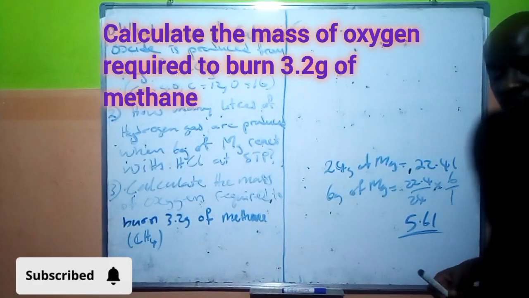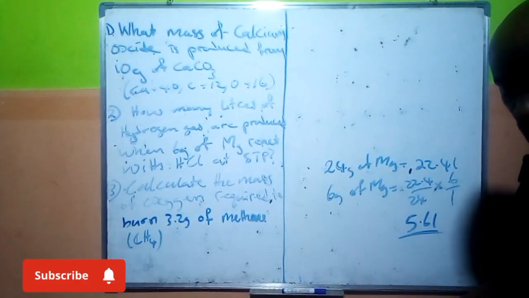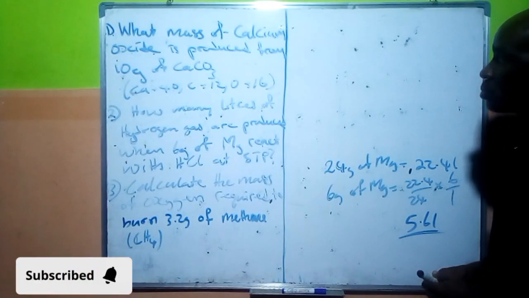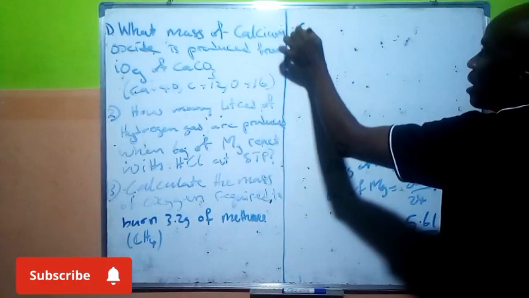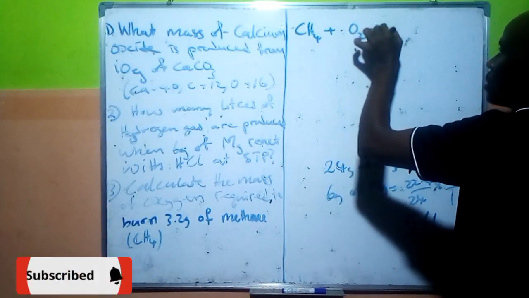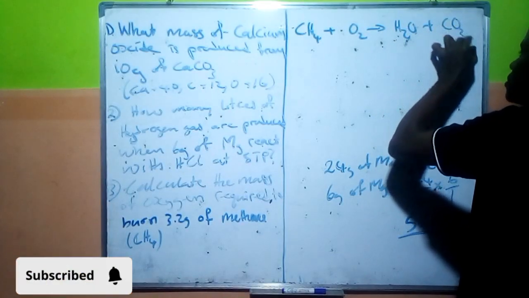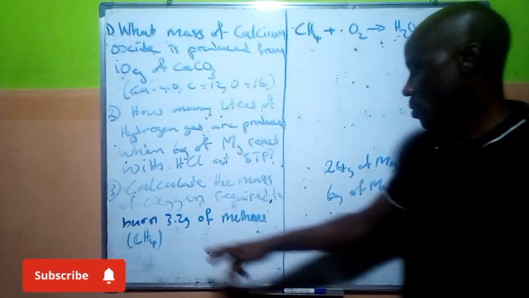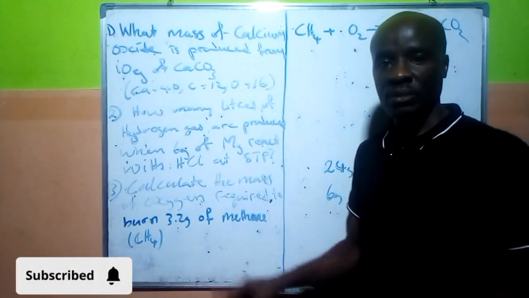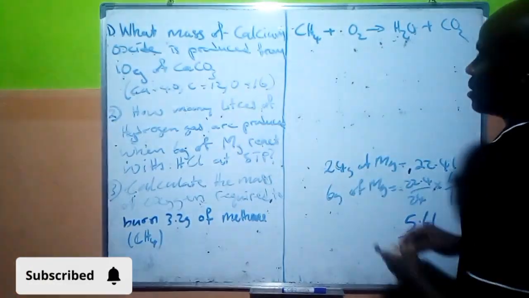Before we solve this problem, we need to get the balanced chemical equation so that we'll be able to extract the information from it. The information in the balanced chemical equation will help us solve the problem. So we have the equation to be this. We're looking for the mass of oxygen required to burn 3.2 grams of methane, so we are looking at the reactants here.